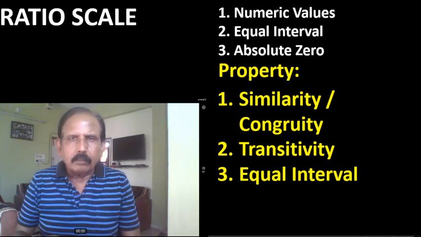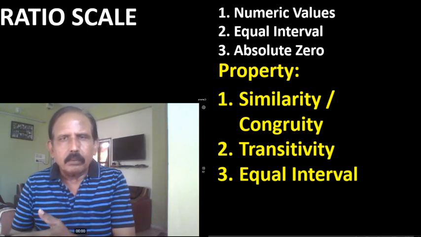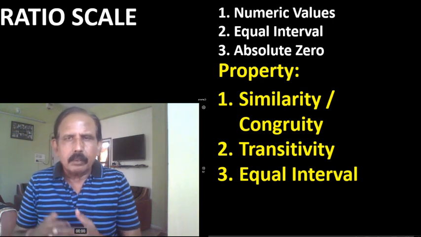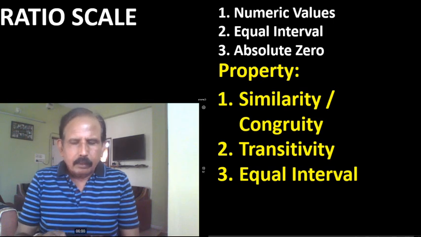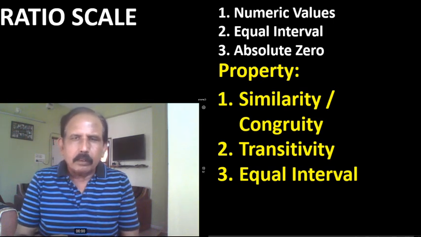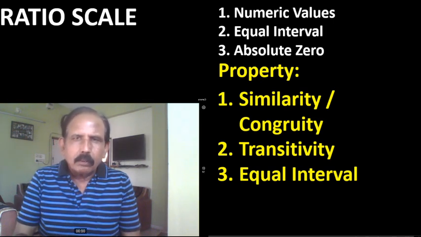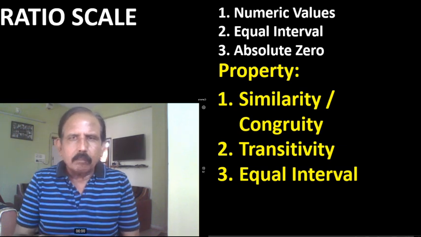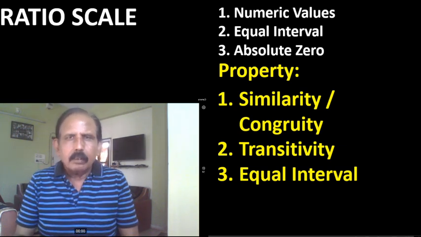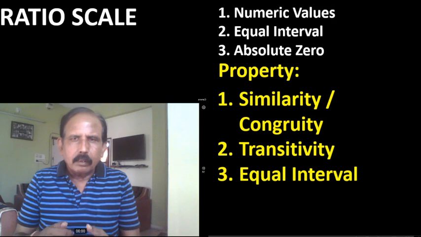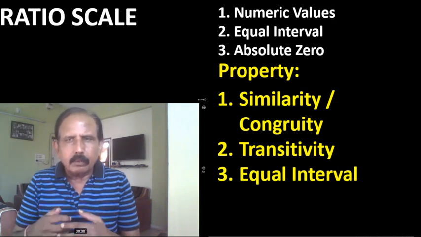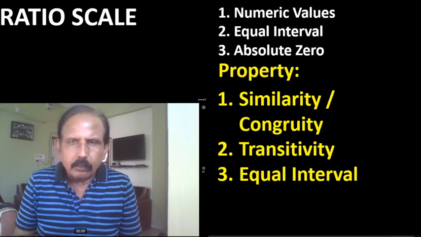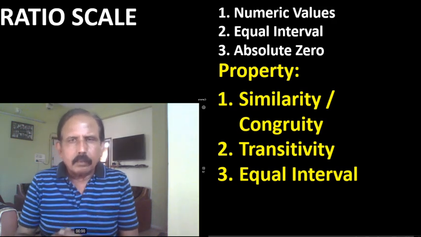The same kind of difference will be there in the performance of the subjects in examination. Numbers having mathematical value, so the interval between two consecutive numbers will be equal only, or if two pairs of numbers are taken from equidistance, then the difference will be maintained in these two pairs. So equal interval is there.